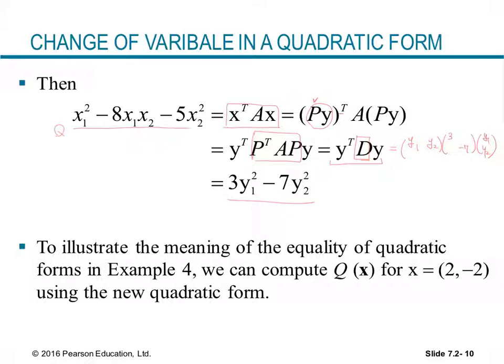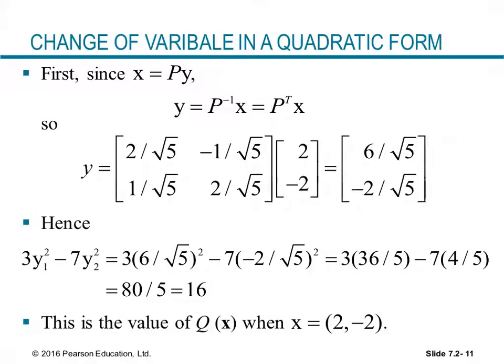Let us consider this quadratic form for this x using the new quadratic form. Okay, y from the change of variable is P inverse times x, and since P is an orthogonal matrix, you don't have to compute the inverse. You can just take the transpose to get the inverse of this orthogonal matrix P. So y is P transpose times x.